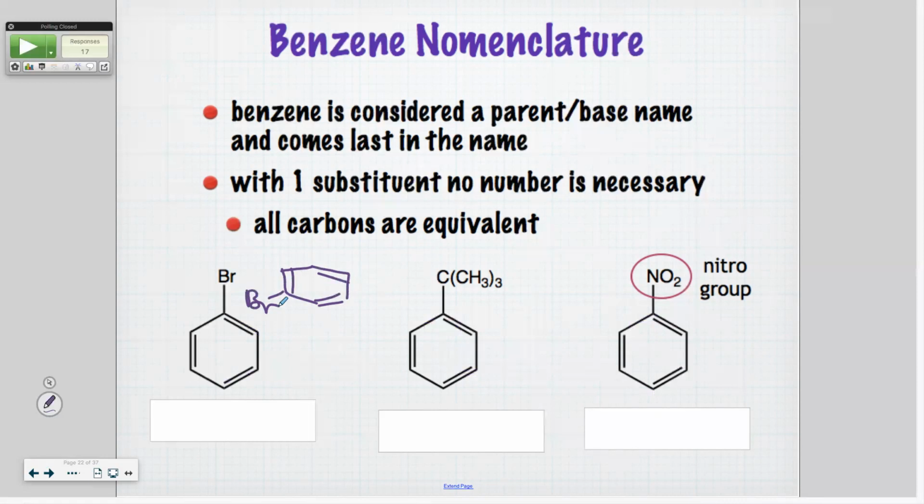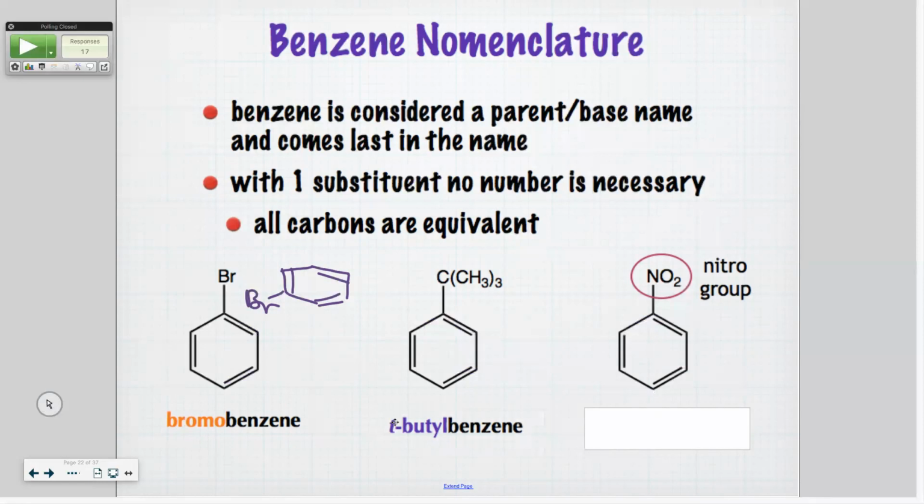What is the name of this? Bromobenzene. Benzene is your base name, and you said bromo. What do you think that one is? What is the group on there? Tert-butyl, so it's tert-butylbenzene.